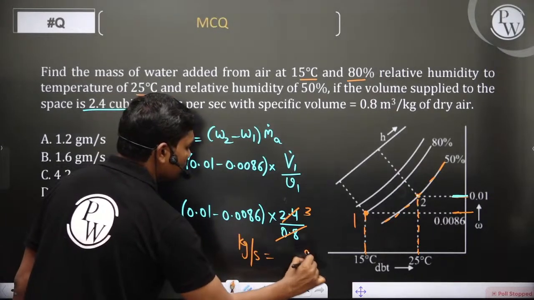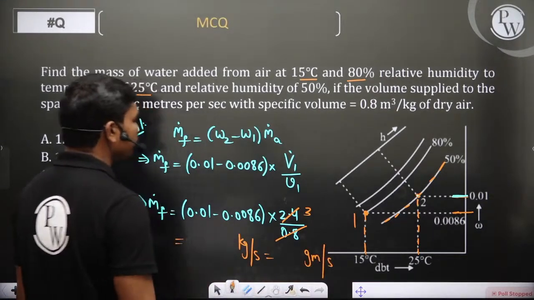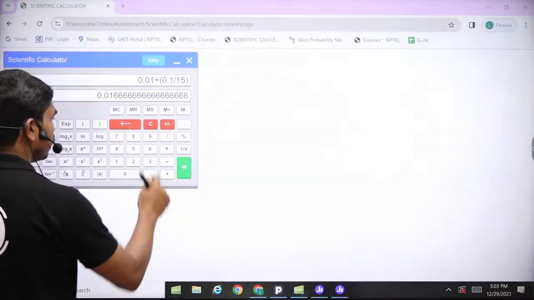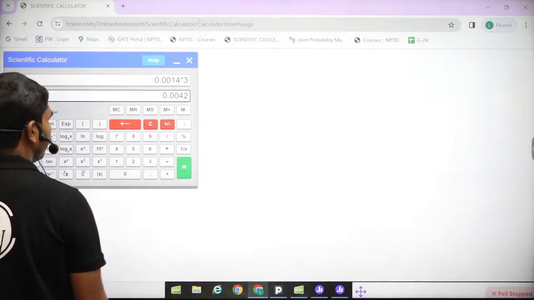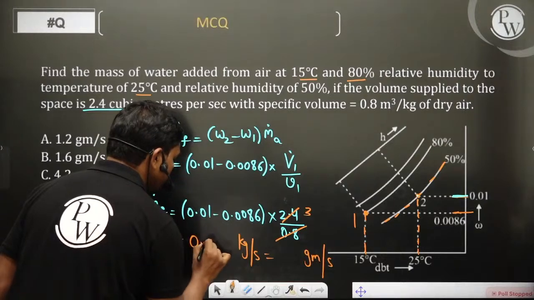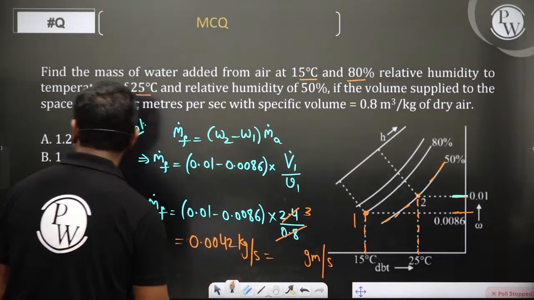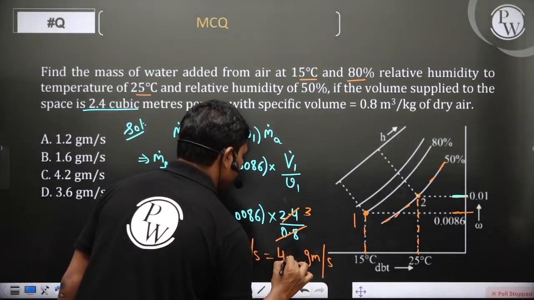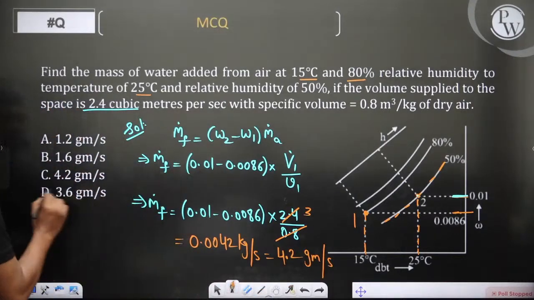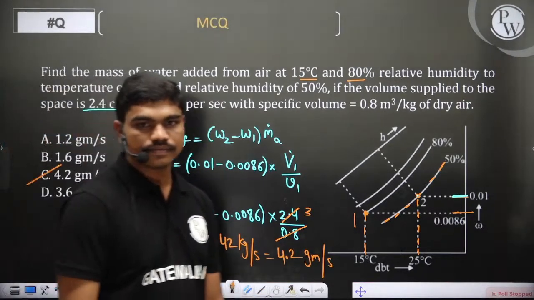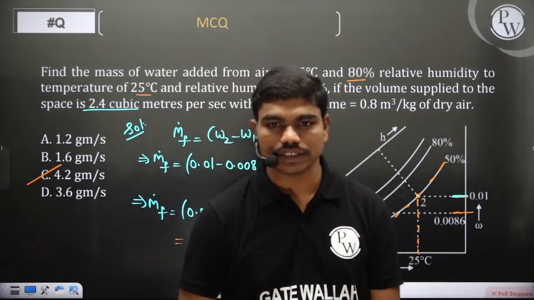If you convert, we get grams per second. So 0.01 minus 0.0086, into 3, gives 0.0042. So 4.2 grams per second of water vapor is actually added. Yeah, 4.2. C is the correct answer.